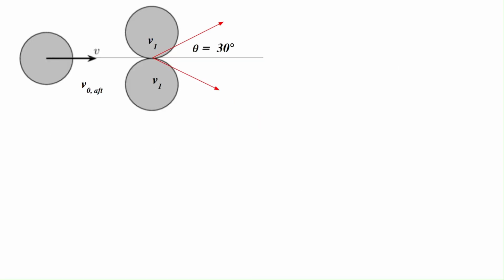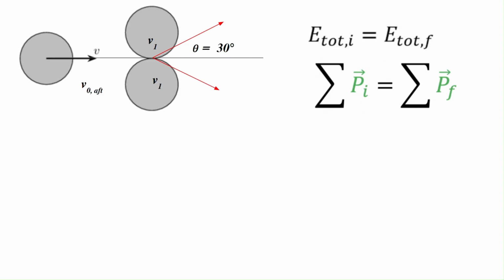So to solve this, we will have to use the conservation of energy, since it's an elastic collision, and we will also have to use the conservation of momentum. To start with kinetic energy, we can see that it's 1 half mv squared initial, so the initial kinetic energy of the disk, and it's going to equal the kinetic energy of the two disks both moving with the speed of v1, and then the after velocity, which we need to find, of the first disk with the initial velocity.